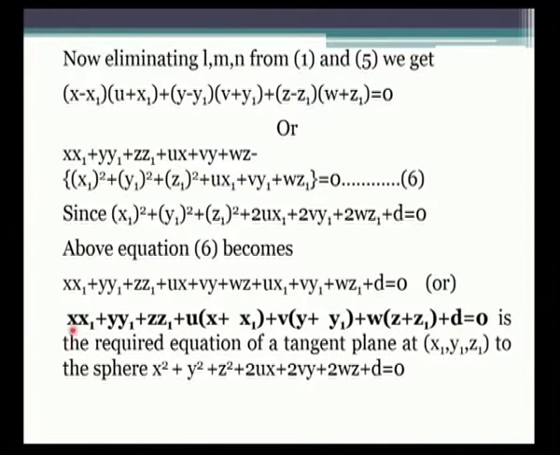This is the required equation of a tangent plane at (x1, y1, z1) to the sphere x square plus y square plus z square plus 2ux plus 2vy plus 2wz plus d is equal to 0. So from this explanation we learnt the equation of a tangent plane at a point (x1, y1, z1) to the sphere represented in general form.